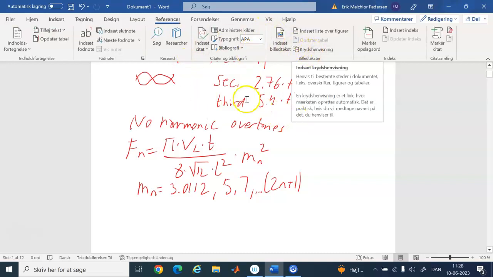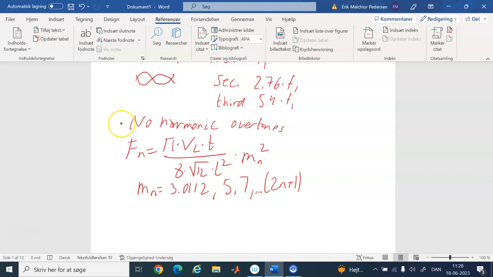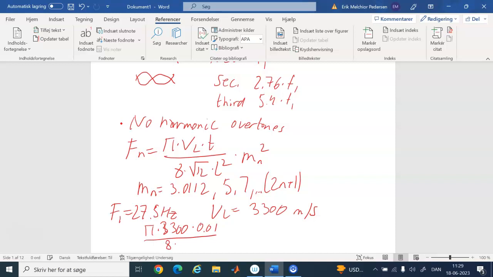If F1 is 27 hertz and the speed is 3,300 meter per second, of course we can find the length: 3,300 times the thickness, for instance 1 centimeter, divided by 812 times the length squared, as the first mode here.